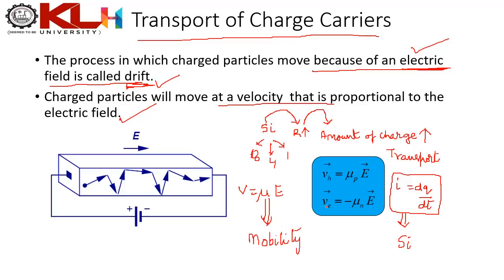Okay, so you need not worry about these formulae, you just get an intuitive understanding of things. So transport of charge carriers takes place with the phenomenon called drift, drift occurs when there is an electric field, and the velocity of charge carriers attained in the presence of drift is related to the electric field with the help of this formula.